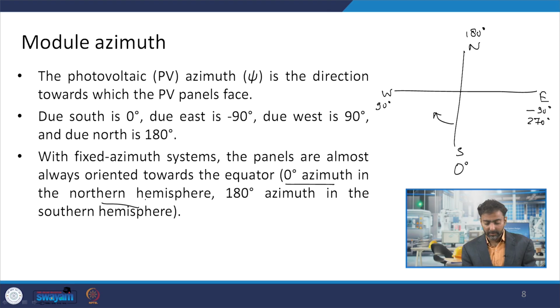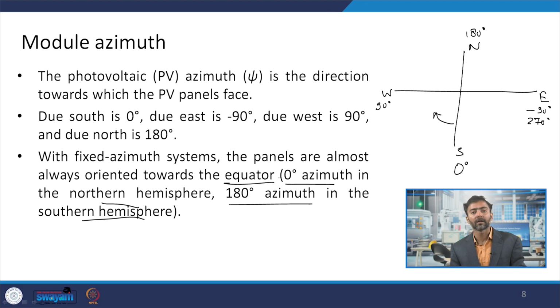If we are in the southern hemisphere, we put the panel facing north, or 180 degree azimuth is the default in the southern hemisphere. So basically, the panel should always be facing the equator. If you are in the northern hemisphere, 0 degree is the default. If you are in the southern hemisphere, 180 degree is the default. So that is the module azimuth. Now, as we mentioned here, if you put psi equal to 0 degree, which is the standard for northern hemisphere, let us say we talk about a person in the northern hemisphere.